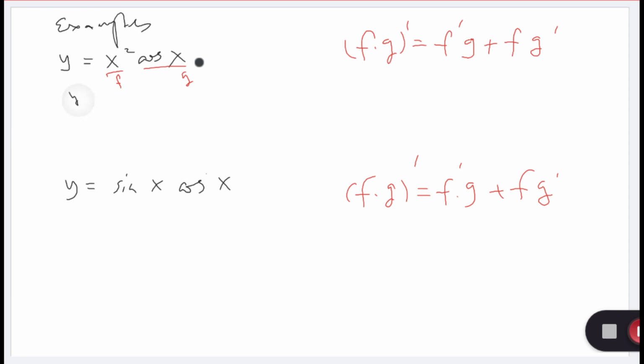So y prime equal to, first again, like I said, set up just like the formula here. So it's going to be F prime times G, which is cosine, plus F times G prime. This is to ensure that we're applying the rule correctly.